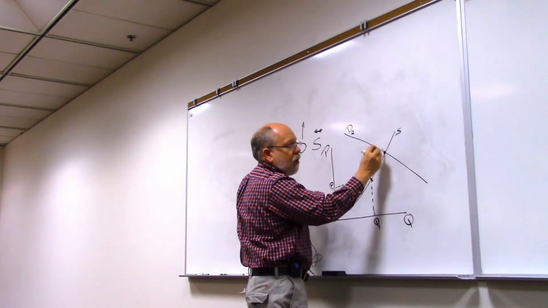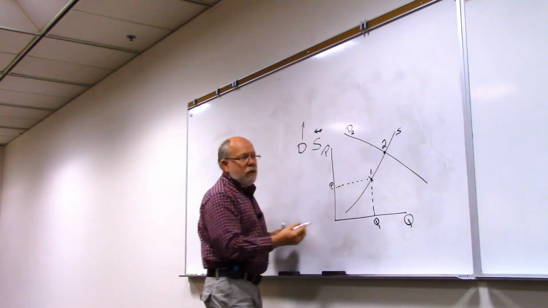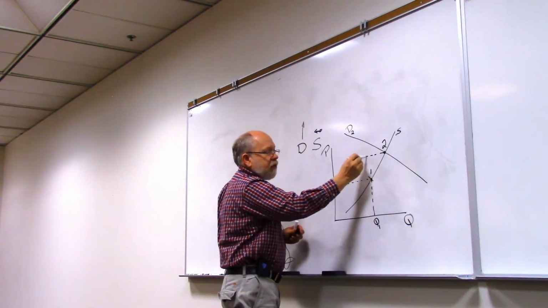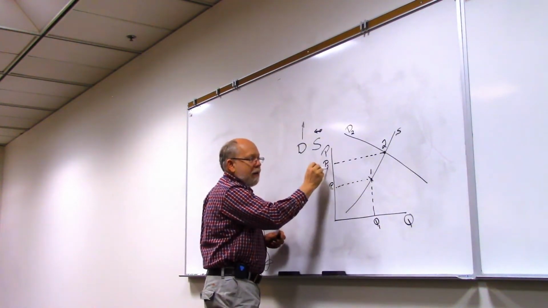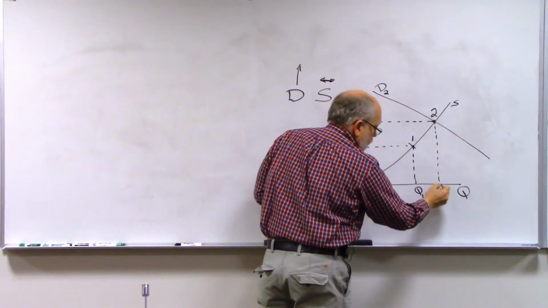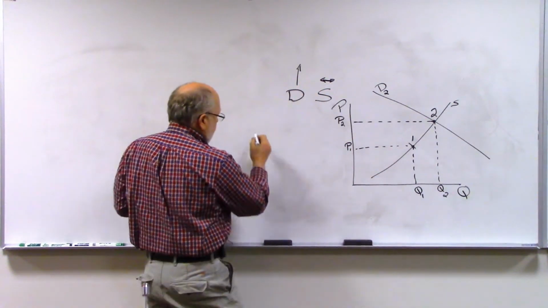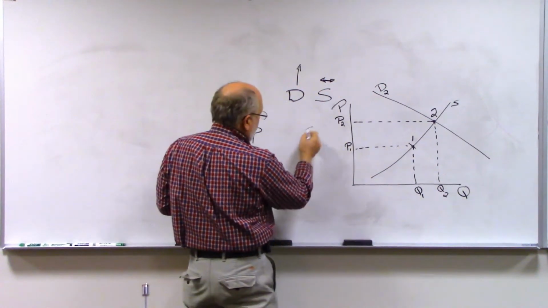We're going to call that point 2. Now, point 2 equilibrium has a price associated that is higher, and it has a quantity, Q2, that is higher.